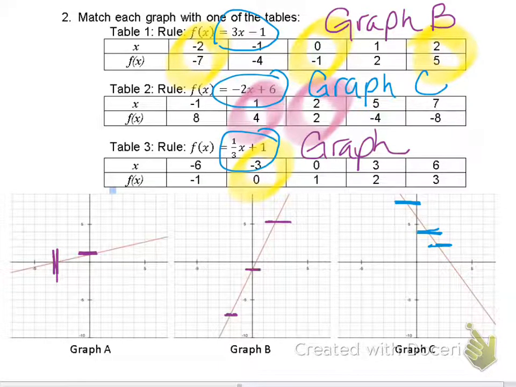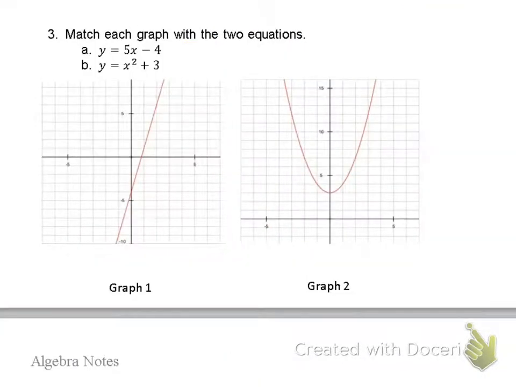And you can see that all of their graphs form straight lines. So if we go to this one, we have a coefficient with just an x, not an x squared or an x cubed or an x with another exponent, just x. So we can probably make a good prediction that that goes with graph 1 because it's a straight line.